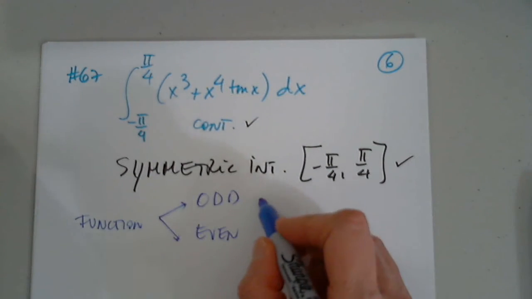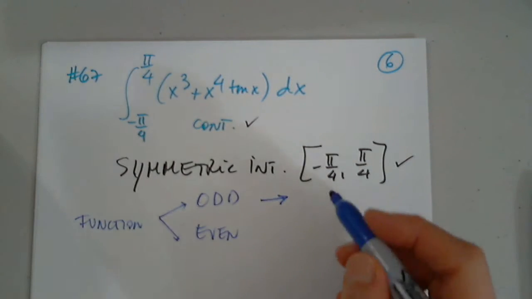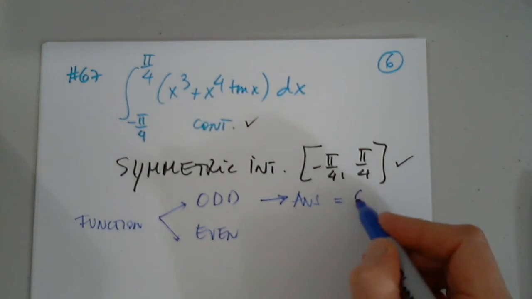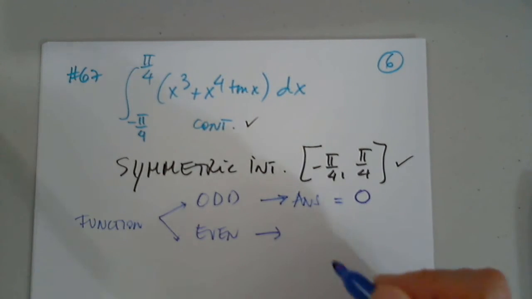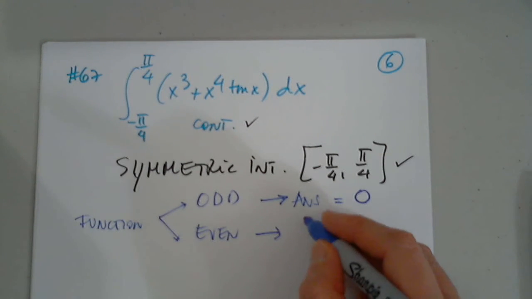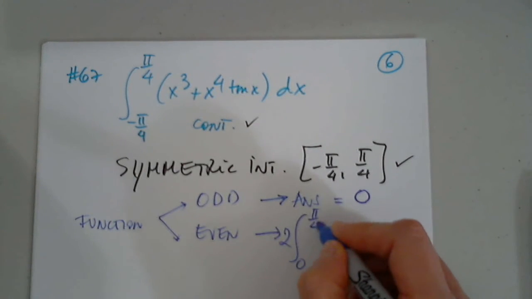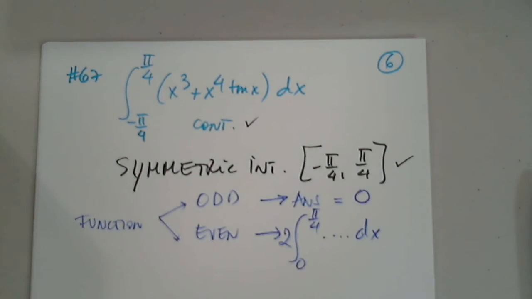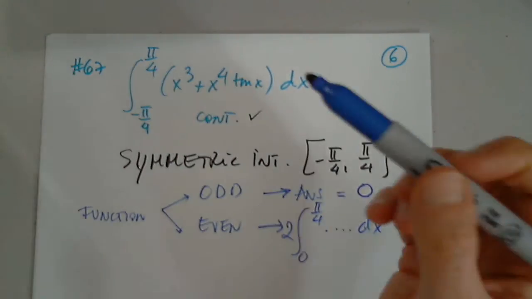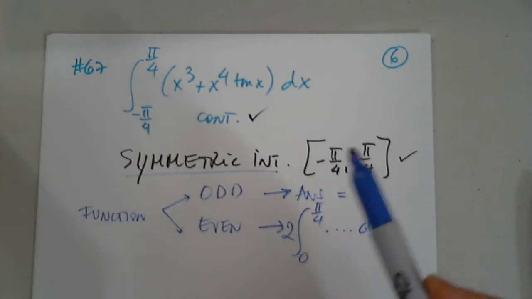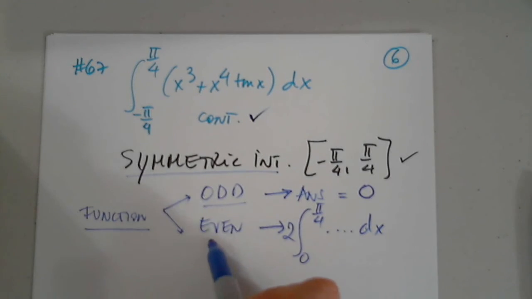What if it's odd? What will the answer be? It would be 0. Excellent. What if it's even? Twice as much. Exactly. You mean twice from 0 to pi over 4, of the same function, dx. Correct. So please remember: continuity, I notice a symmetric interval, then I check whether the function is odd or even.